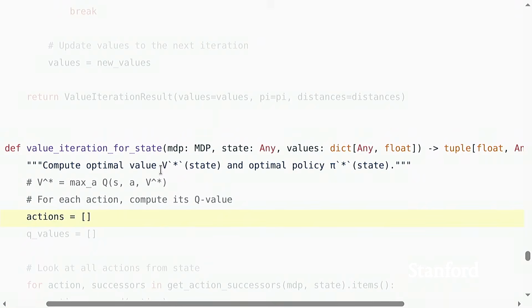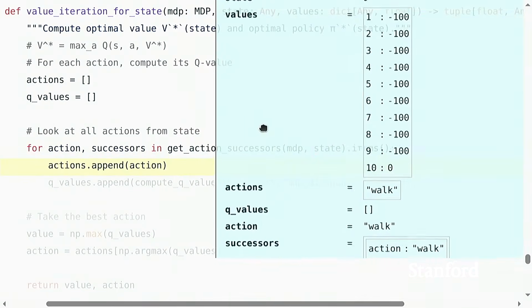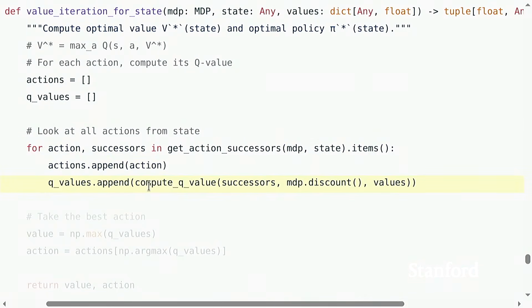So for every action, I'm going to consider how good that action is, and I'm going to put those in arrays. For every action, I'm going to compute the Q value of that action. And now I'm going to take the max over all these Q values, and take the argmax to get the action. And then that's it.